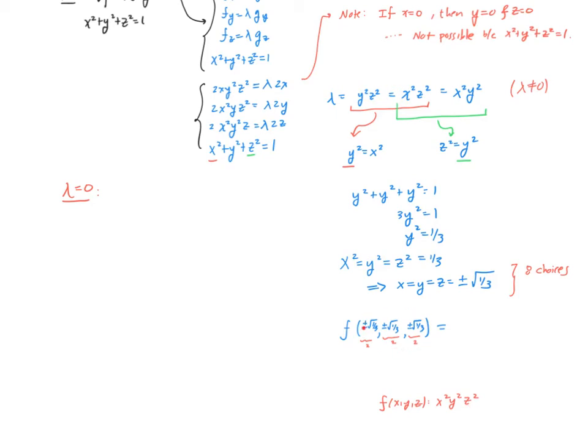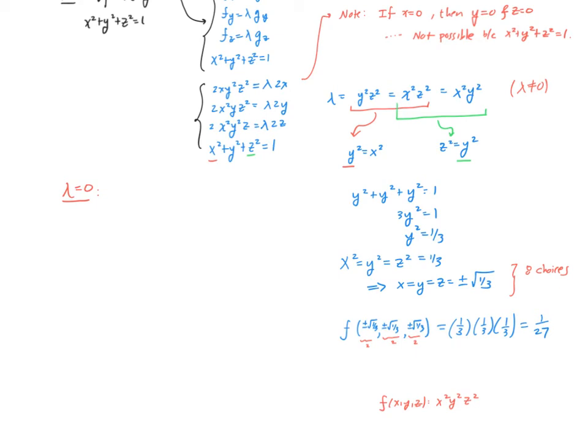Each and every one of these 8 possibilities is going to have exactly the same output. You will have 1/3 times 1/3 times 1/3, because plus or minus the square root of 1/3 squared is 1/3, which is 1/27.